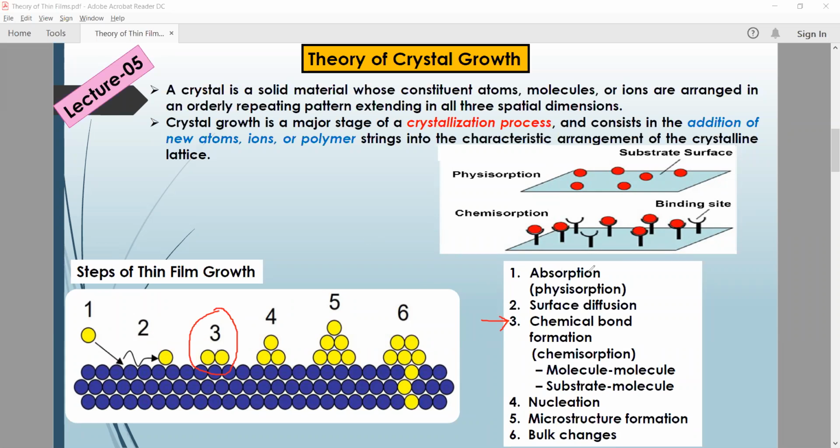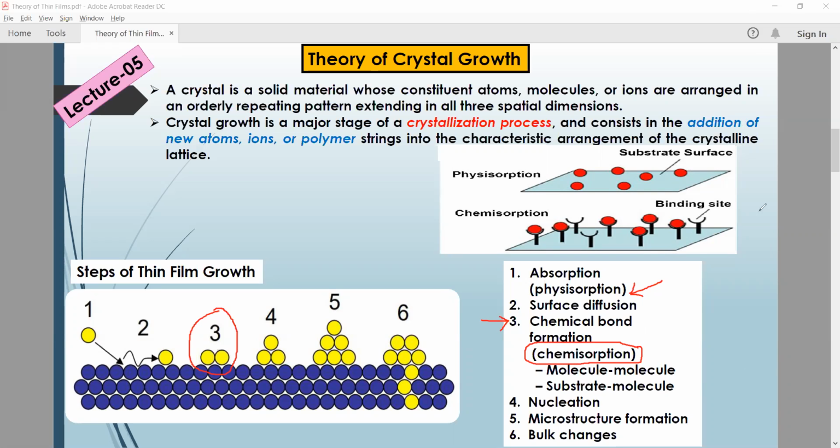During absorption, physisorption was happening. Physisorption means these are physical processes, but here the third process is chemical bond formation, and inside the bracket one word is written, that is chemisorption. This process happens due to a chemical reaction. So what is meant by chemisorption?